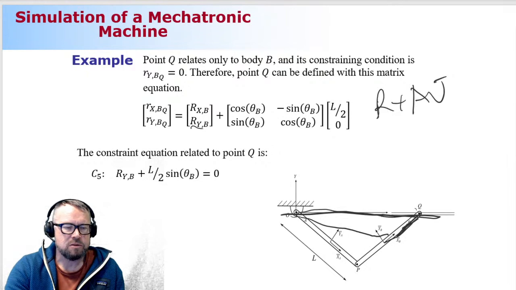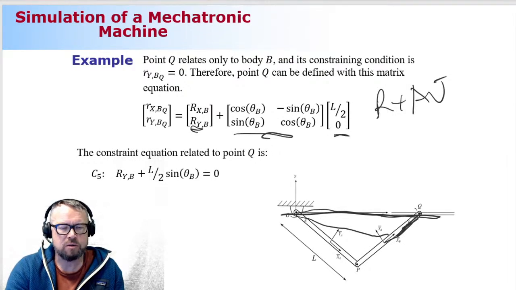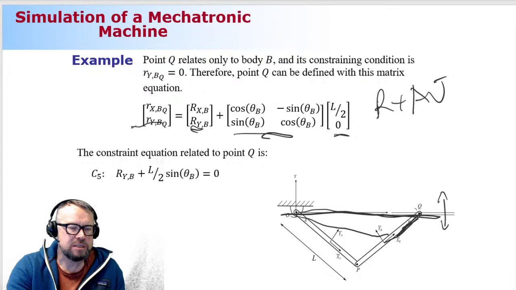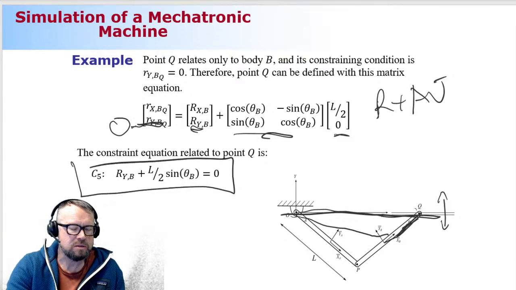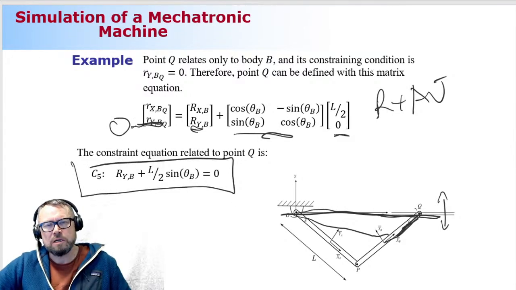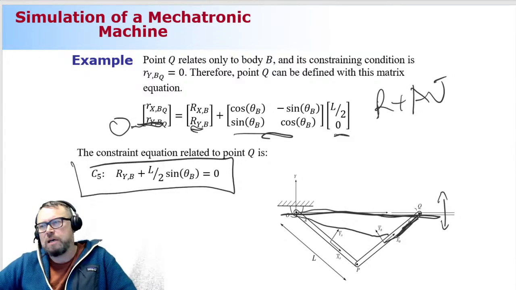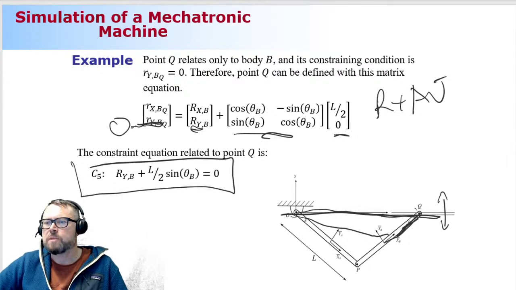First translation, then orientation, then vector u-bar. And now I'm going to set this y direction to be equal to 0. So this is set to be 0. And once I do the math, that's my 5th constraint equation. 5 constraint equations, 3 generalized coordinates. So that's my system. Okay.